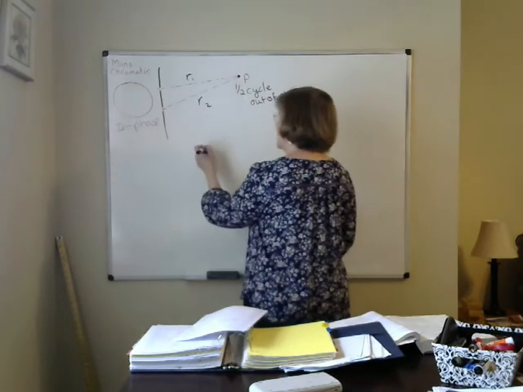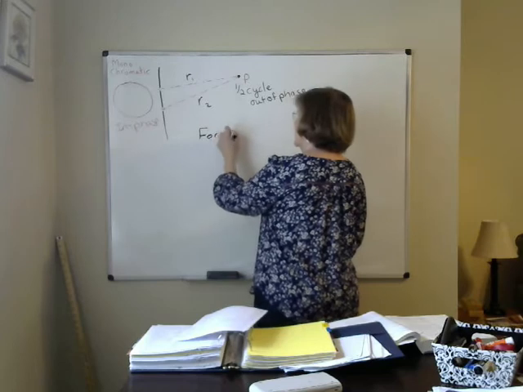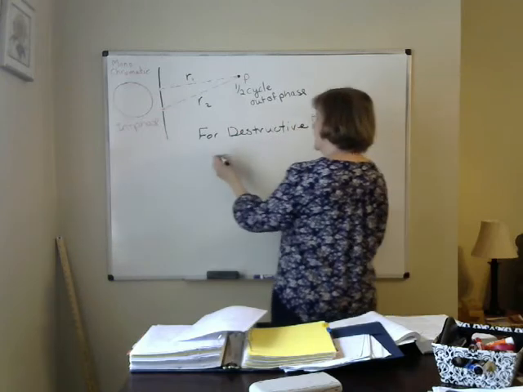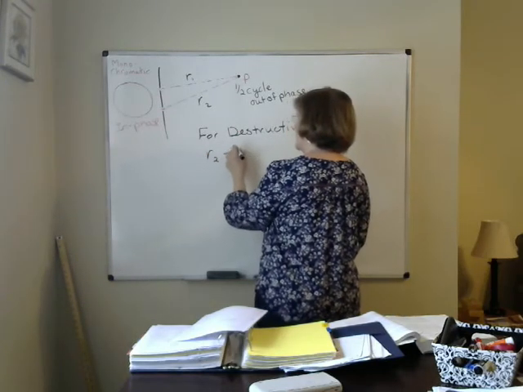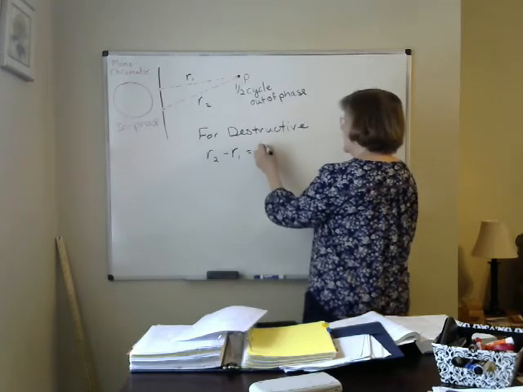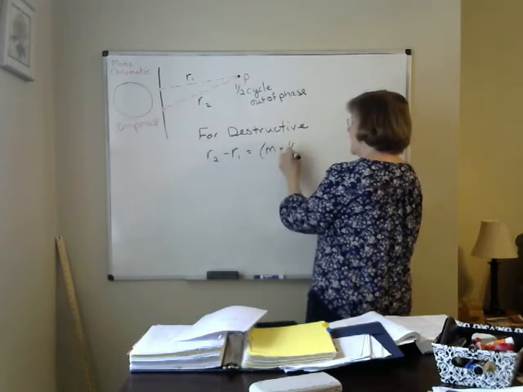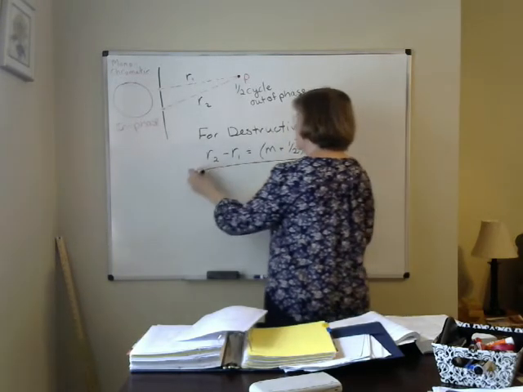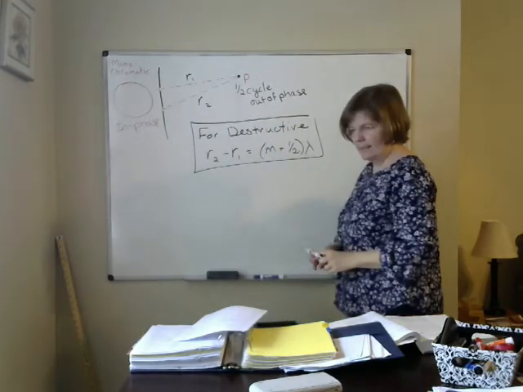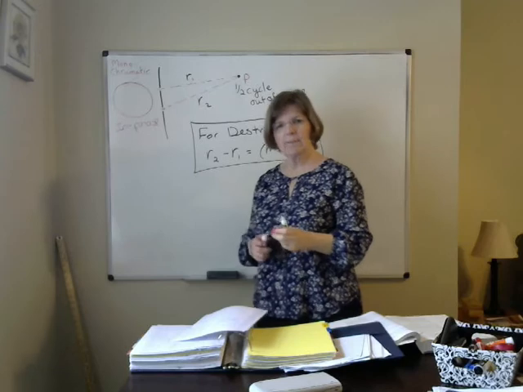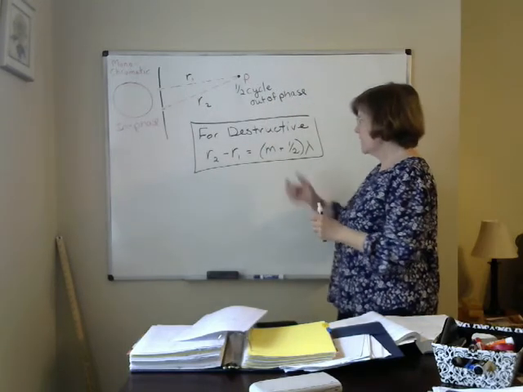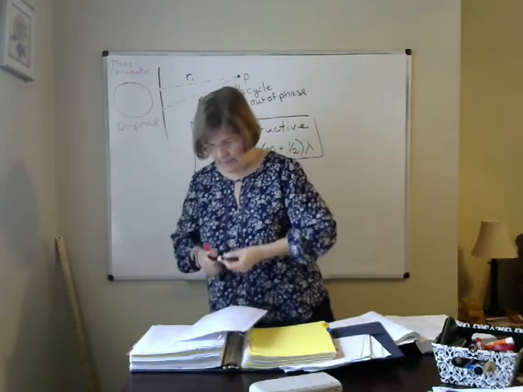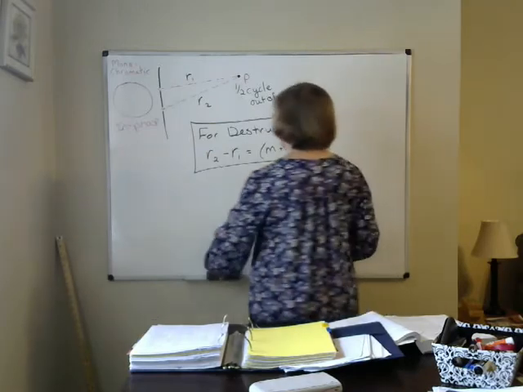So for destructive, the difference between the two has to be R2 minus R1 equals m plus 1/2 times the wavelength. So instead of equaling an integer number of wavelengths, the distance is off by 1/2 a wavelength. Okay. So what's this end up looking like? Let me show you what it ends up looking like.